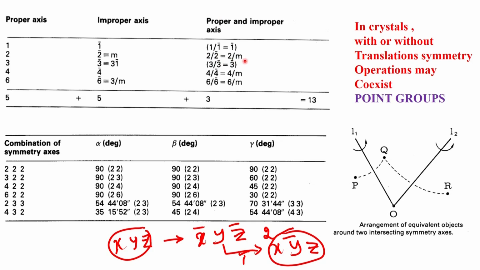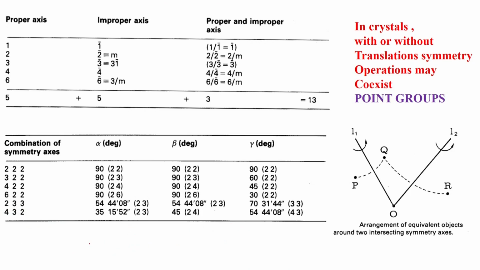Now, what happens to the equivalent points? The equivalent points now will change. I will show you in a minute how they will change. So, what happens is now x y z, we are now considering the symmetry operation 2 by m.